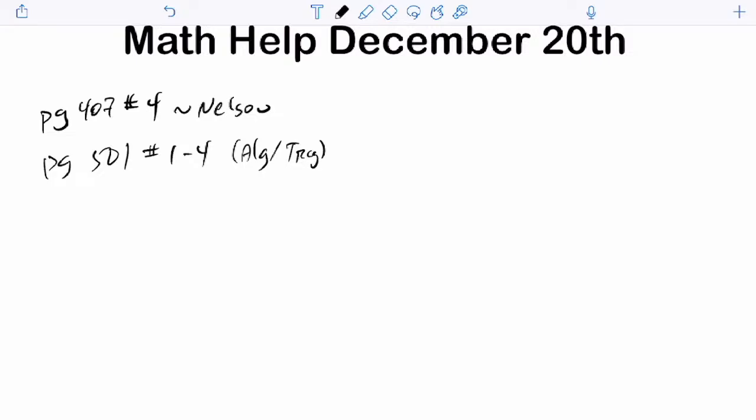That's from the Nelson book, I believe. 407, number 4.